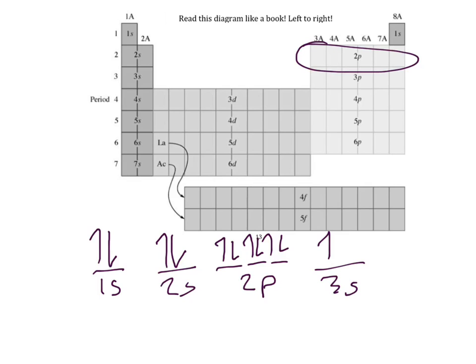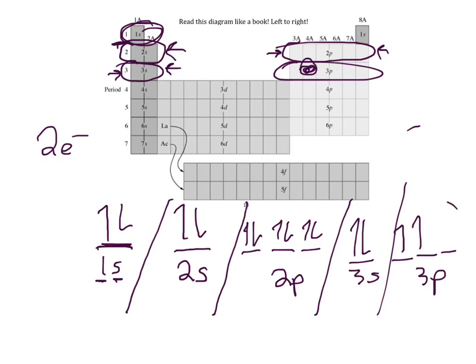All right, so something I want to point out here is that notice how this here, the 3s, has 1 electron. And that's because sodium is right here, and it's 1 element into the 3s. Let's take a look at the problem we did before. Notice how the 3p has 2 electrons.